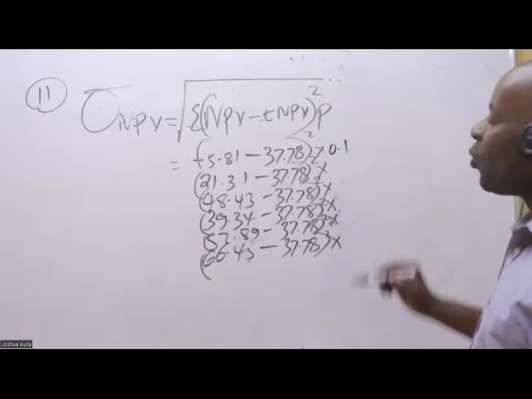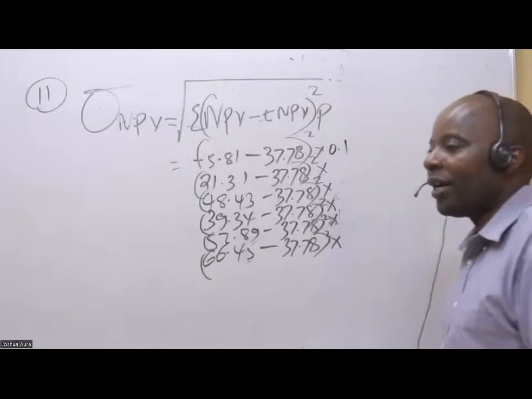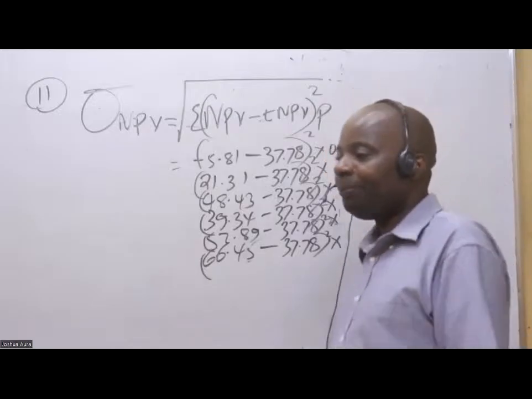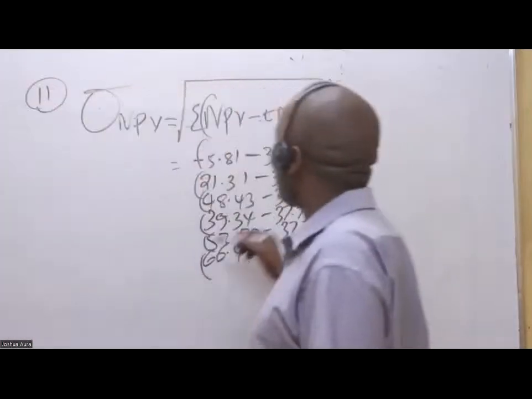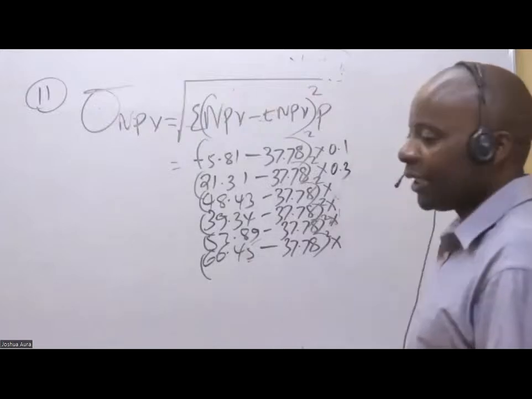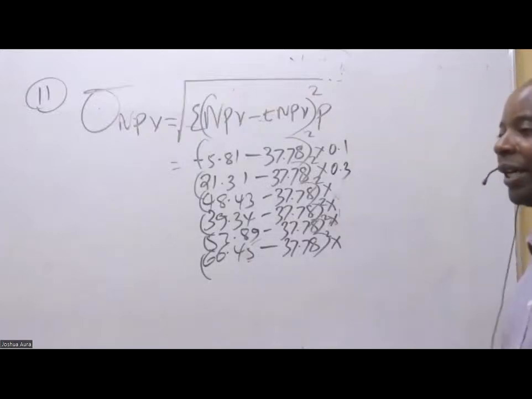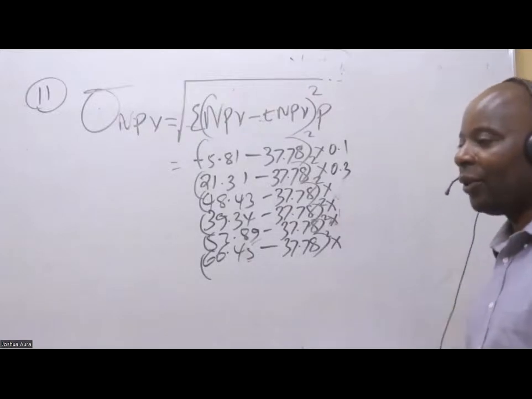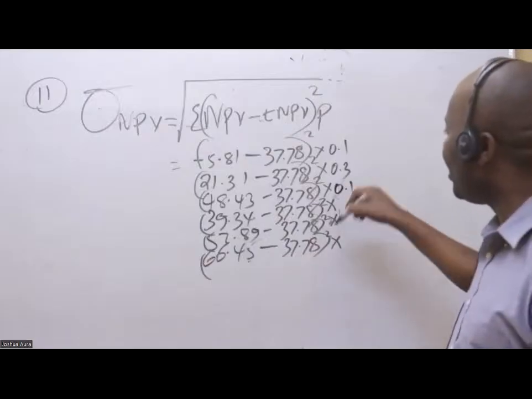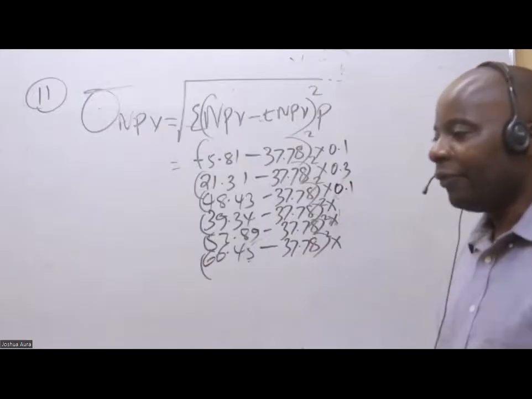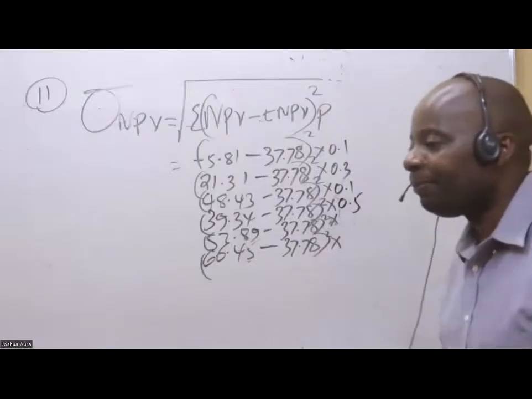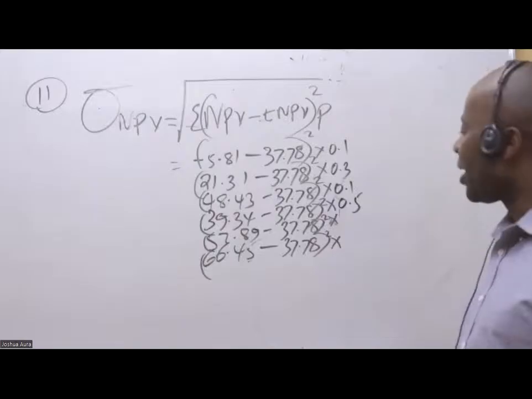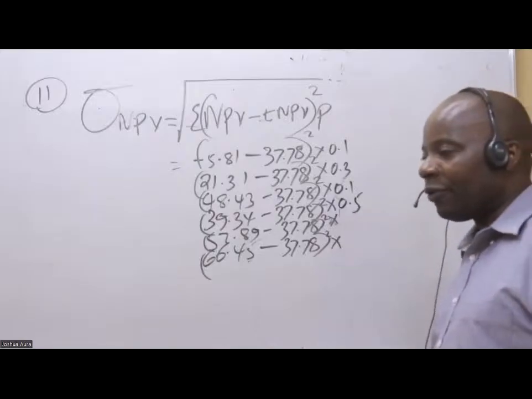So we have 0.1 there. The first one was 0.1. How about the second one? The second one is 0.3. The third one is 0.1 again. The fourth one, 0.5. The fifth one, 0.35.